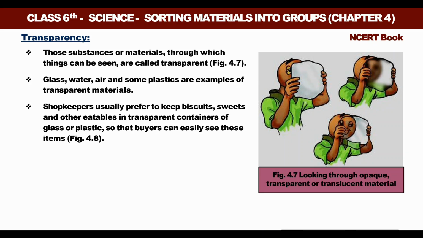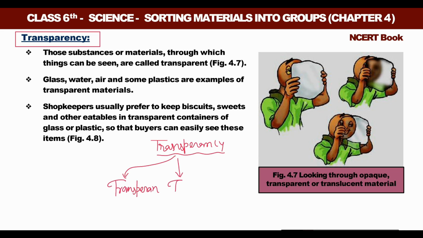Now we are going to see another property of material that is related to transparency. Transparency can be divided into three: one is transparent, another is translucent, and then another is opaque.